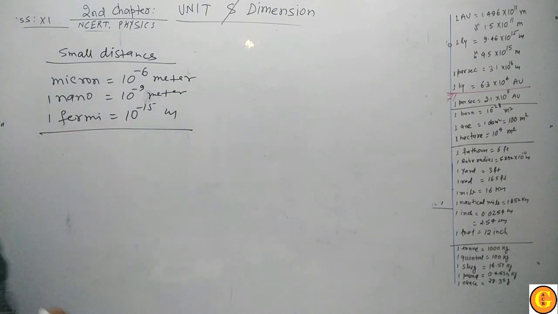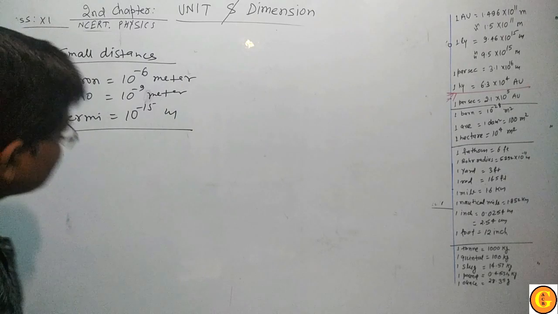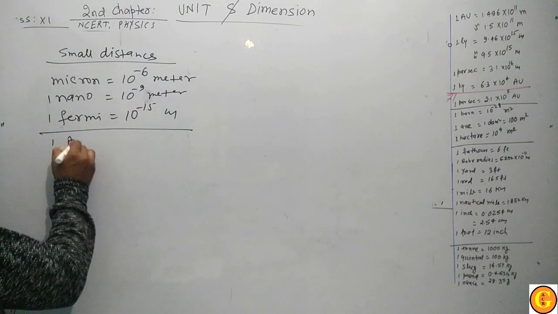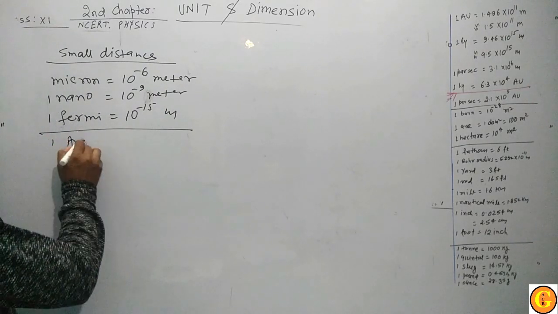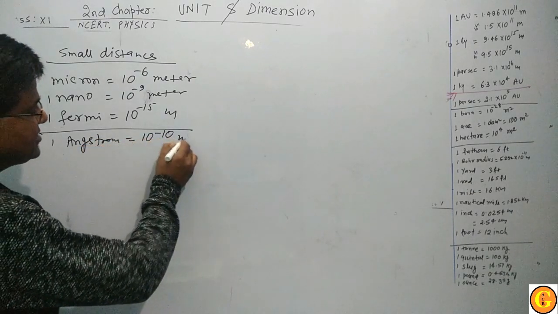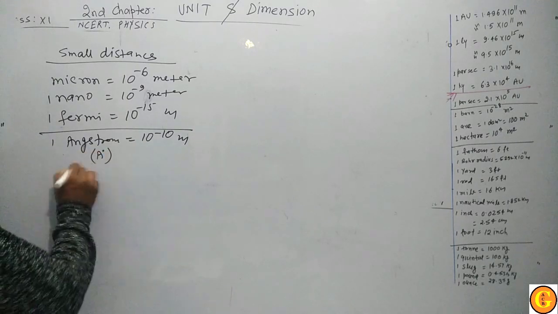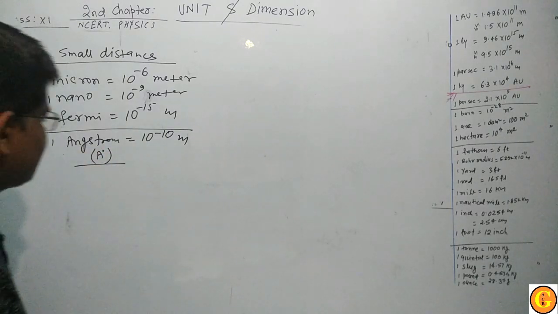And this value you must remember as a unit of small distance. 1 angstrom is equal to 10 to the power minus 10 meter.